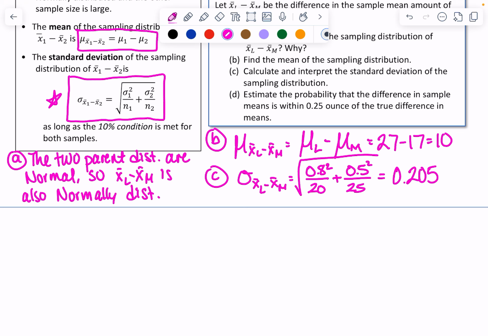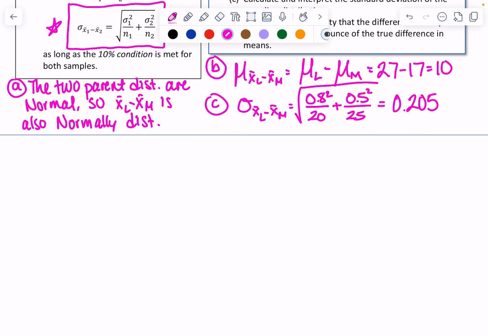All right, they want us to interpret it. So I'm just going to write that down here.